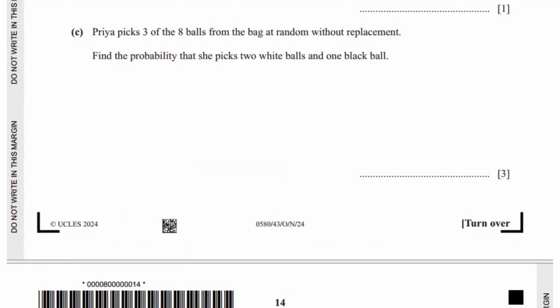Find the probability that she picks 2 white balls and 1 black ball. So now this one is without replacement, which means the total number of balls is changing. So 2 white, then black, or white, black, white, or black, white, white. These are the 3 different ways she can pick the balls from the bag.